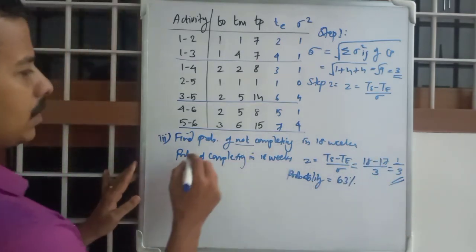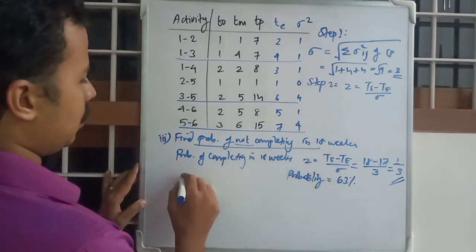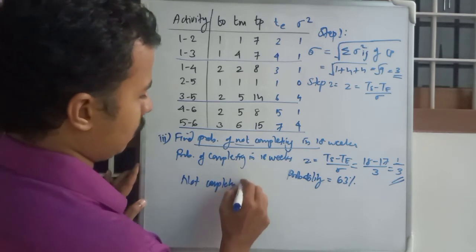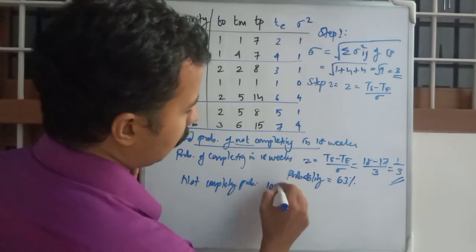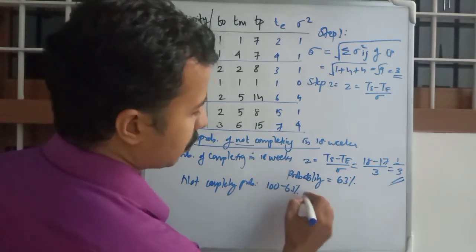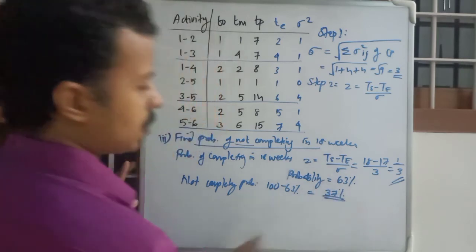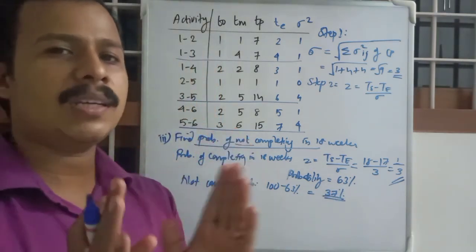Okay, so what is the probability of not completing in 18 weeks? That is 100 minus 63%, that is 37%. Okay, so as you all know, 1 is the complete figure.